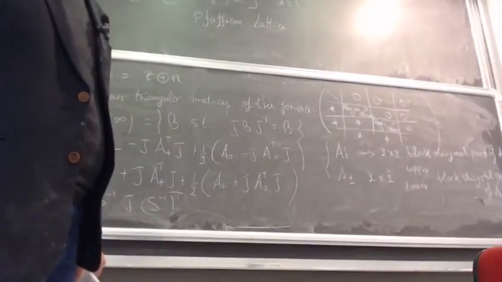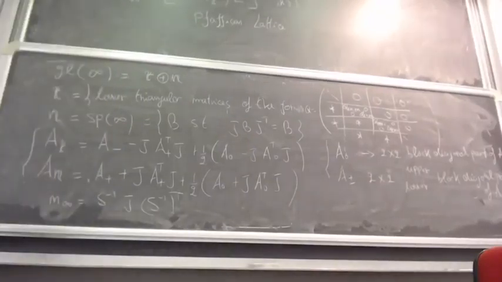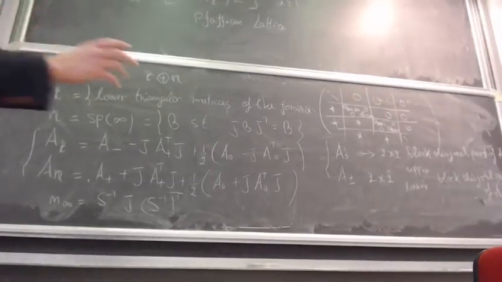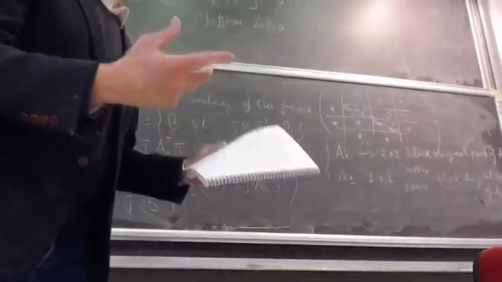Yes, of course. I can't really comment on why this symplectic structure arises. I think the symplectic structure is more related to the fact that we're working with even order matrices, and somehow we have that particular structure.